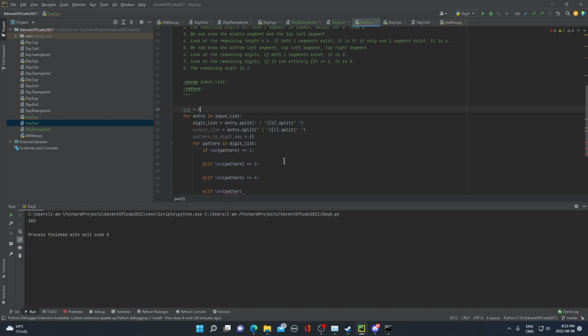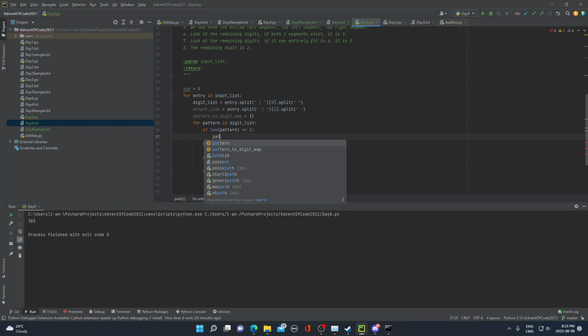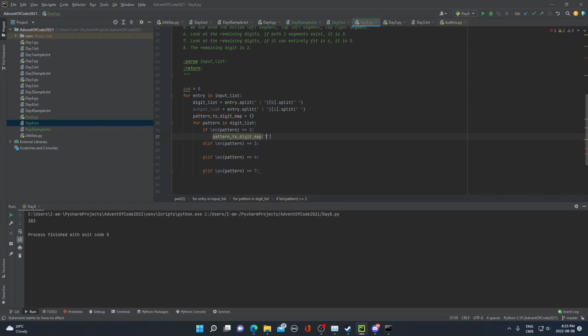Sum. Oh, no. We need the pattern as a key. The value is 1.